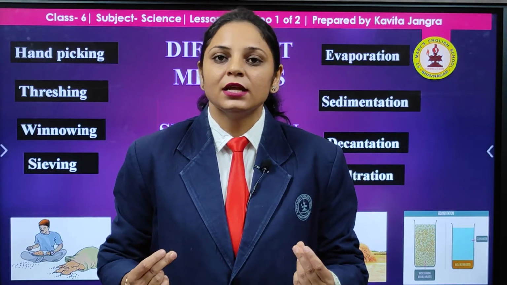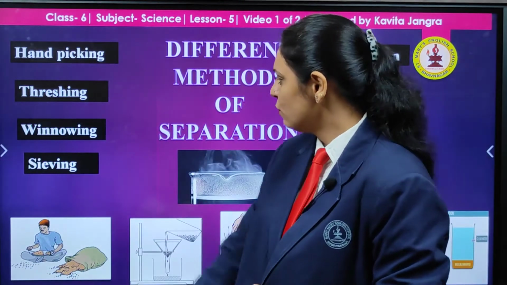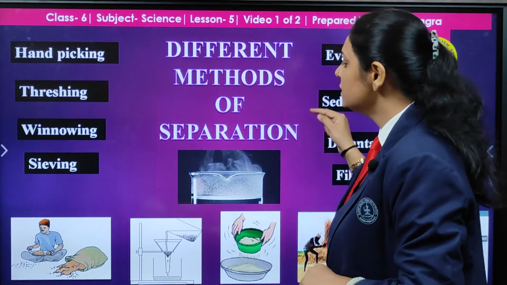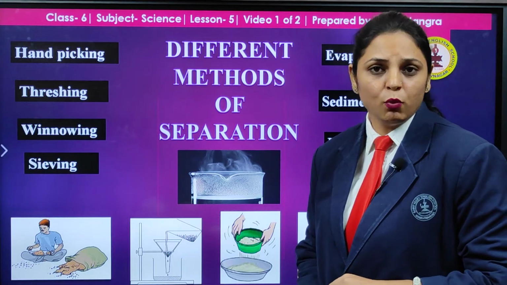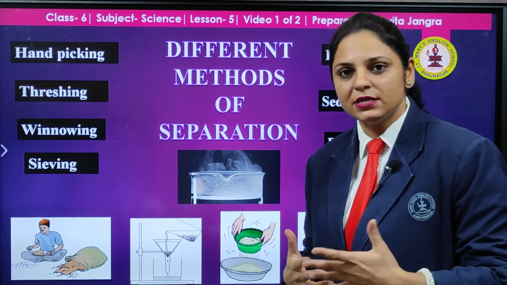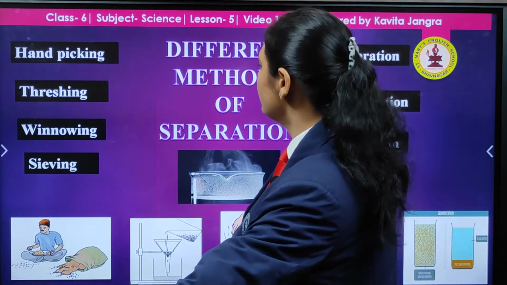Now let us take something new in this video. I am going to deal with the different methods of separation. Do you know what these different methods are? Such names are given to them. Let us understand that. Now see here.